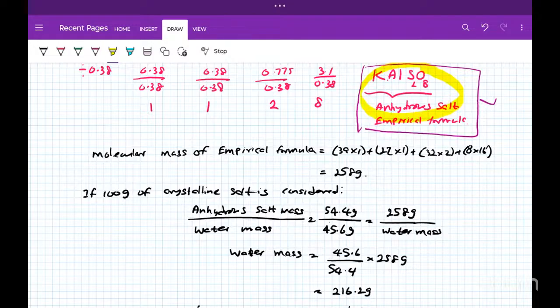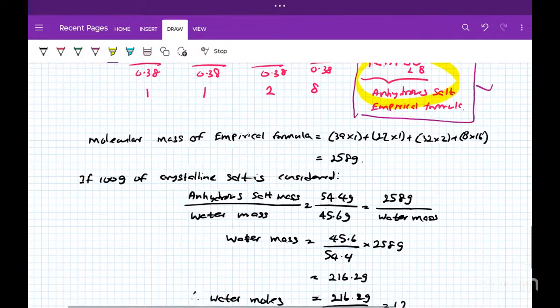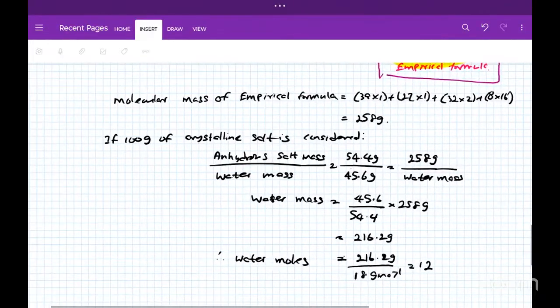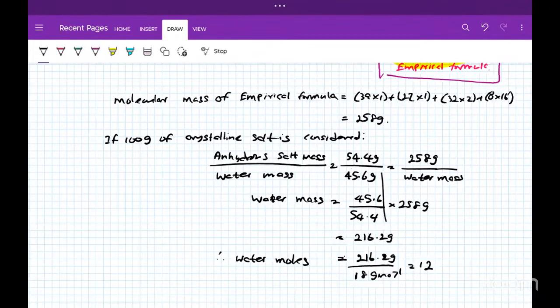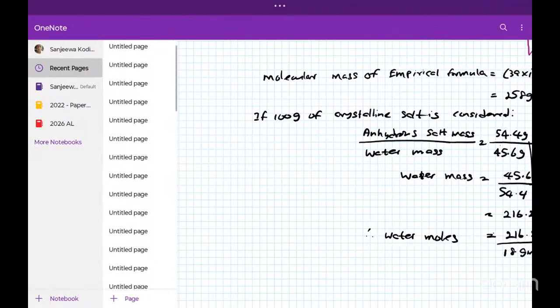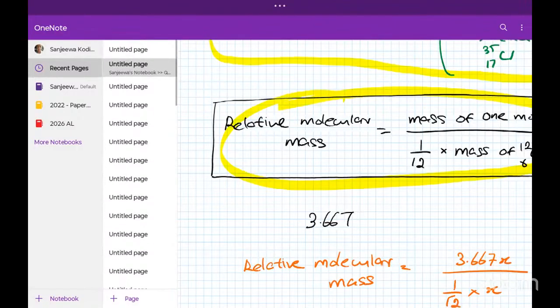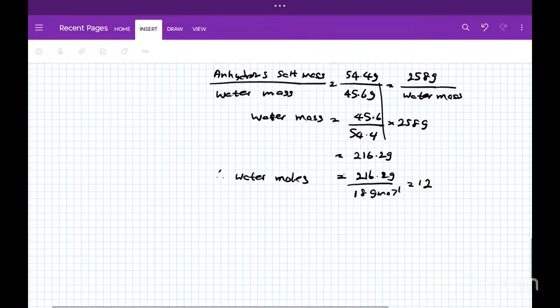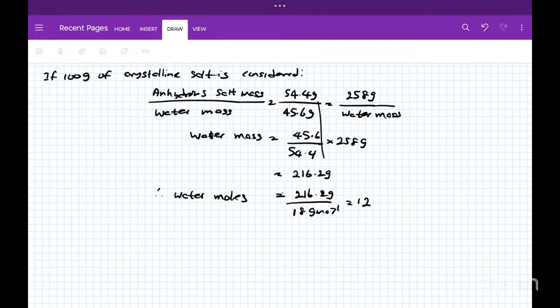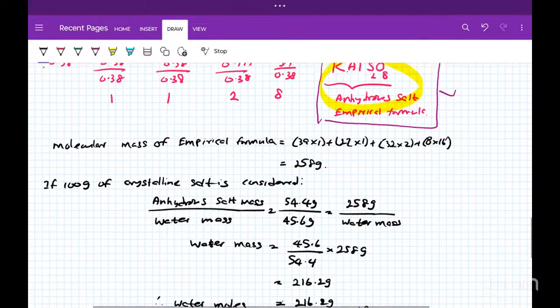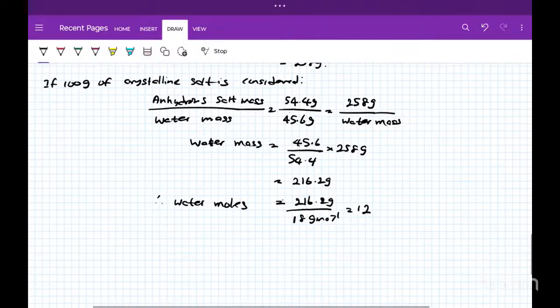So the empirical formula of the crystalline salt should be, that means, this one. So crystalline salt should be equal to, empirical formula is KAlS2O8 dot 12H2O.